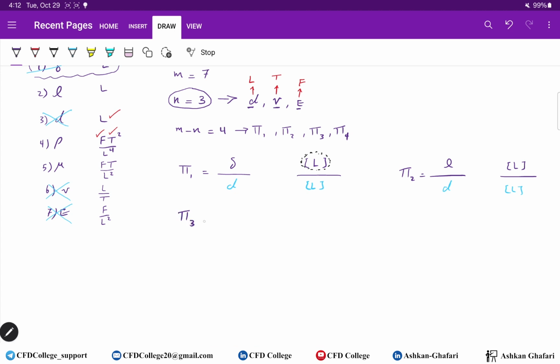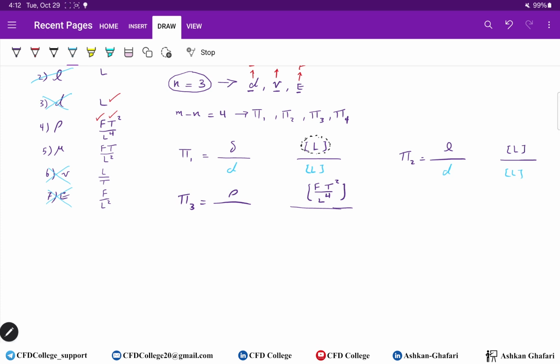The third one, so L is gone, is rho. Rho, and the unit is F T square over L to the power 4. It's a bit challenging.